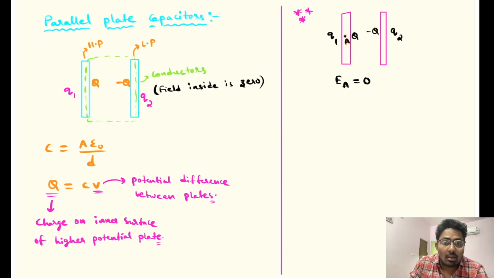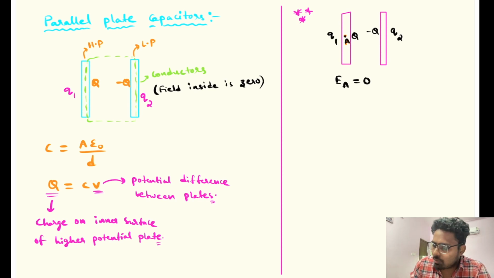One more important thing you know: the field due to an infinite plate is independent of distance. That means the field due to this and the field due to this, irrespective of the distance, you know the formula, is Q by 2A epsilon naught.